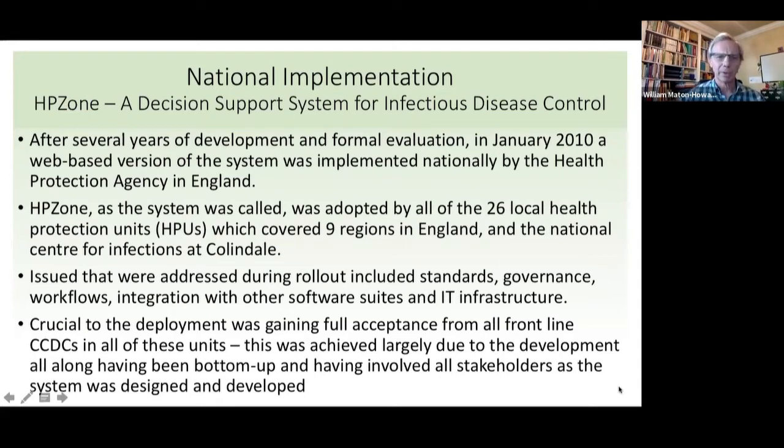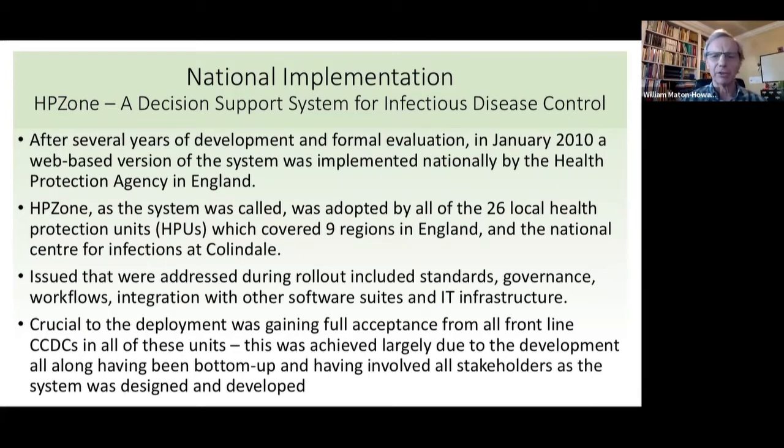The system, as it was called, HP Zone, was adopted by all of the 26 local health protection units, covering 9 regions in England and the National Centre for Infections in Colindale. Crucial for the deployment was gaining full acceptance from all of the frontline CCDCs.